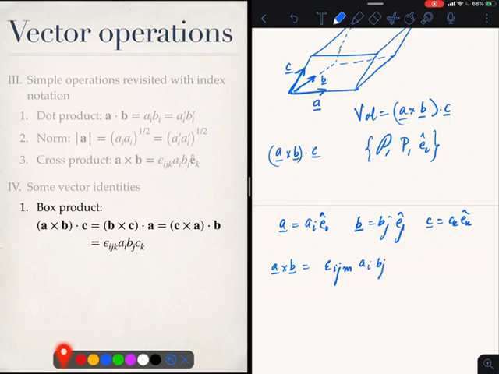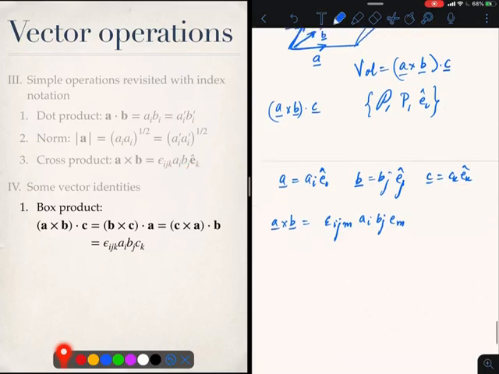I have replaced k by m because I have used k over there. So alright, then I have to dot this creature with c, which is equal to epsilon_ijm a_i b_j e_m dot c_k e_k.